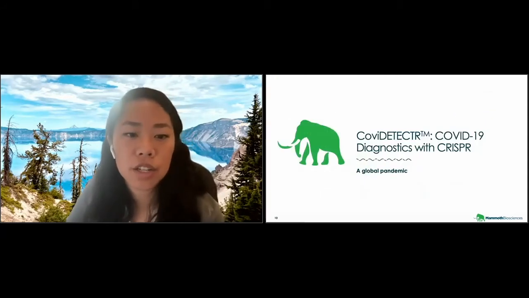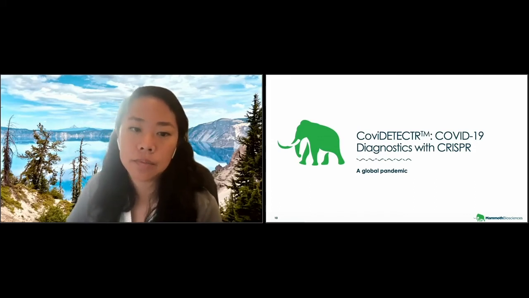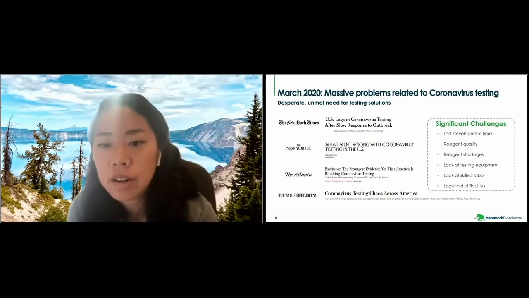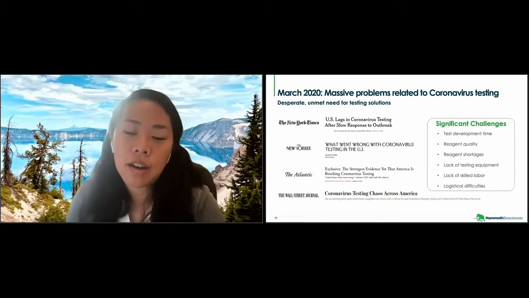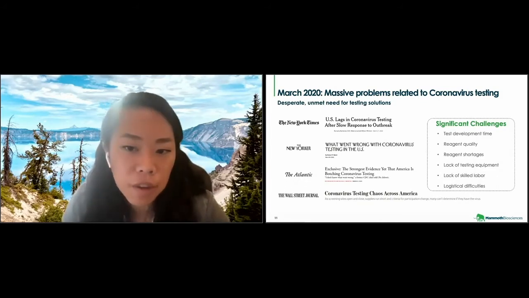So now I'll transition into some of the work that we've been focused on leveraging this detector platform for COVID-19 diagnostics. Many of us are familiar with the virus starting to make its way into the US in early February and March.